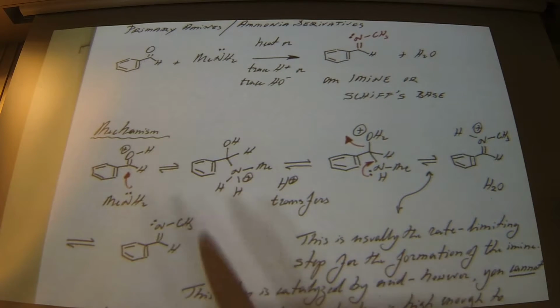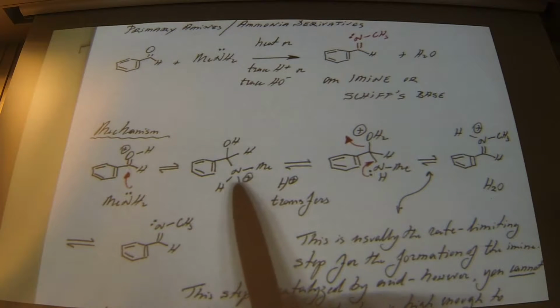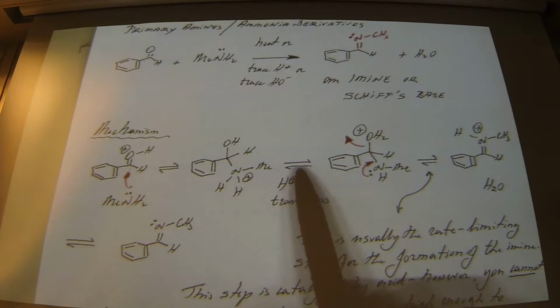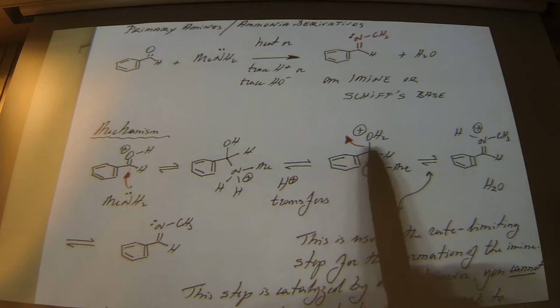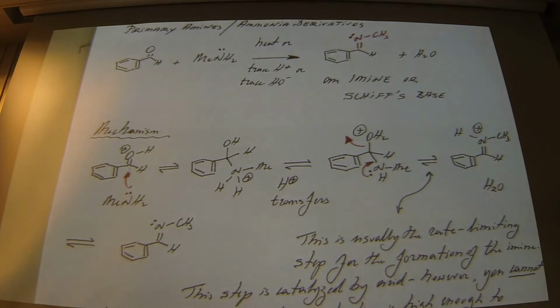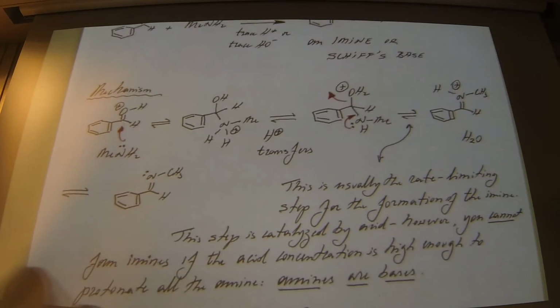Same step that we saw with the hemiacetal or acetal. This can lose a proton reversibly, and this can add a proton reversibly. So I'm not going to show each proton transfer. At this point, you have a leaving group. This electron pair then can come in and kind of, you can think of this as pushing out that leaving group, and it will give you this protonated form of the imine, and then loss of a proton just gives you the imine.